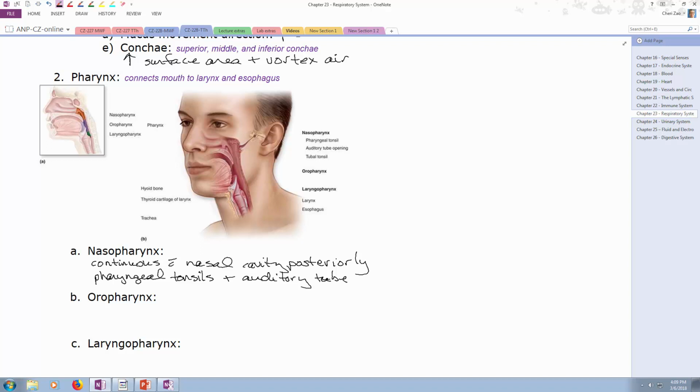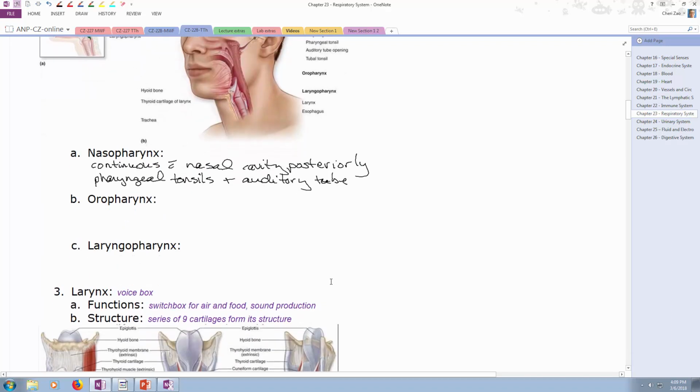The oropharynx is continuous with the oral cavity posteriorly. And we have two types of tonsillar tissue here.